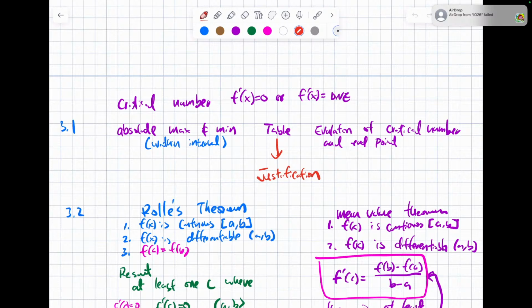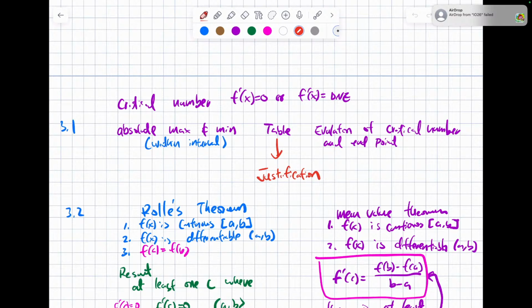That will not count as a justification, because "it" could represent so many things: f of x, f prime of x, f double prime of x. It does not work. I'm going to say that over and over again. On a test, if people say "it changes from positive to negative," I have to take points off. I cannot give you a point because I don't know what "it" is.